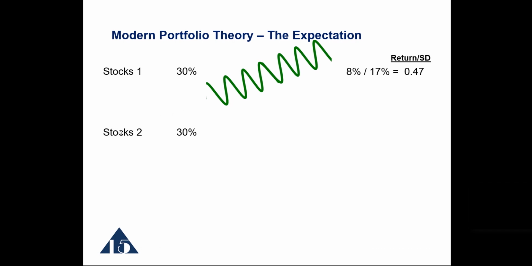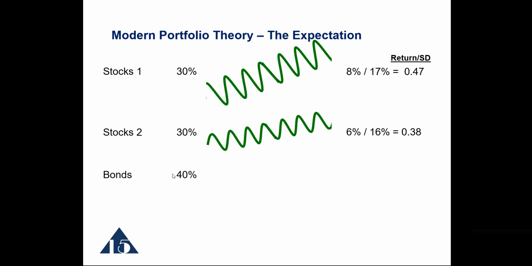Stocks 2 might be more conservative stocks, and the overall appreciation over a long period of time might be lower than stocks 1, but the variability is typically lower as well. So a rate of return might be 6% annualized. The variability might be a 16 percentage point annualized standard deviation of returns. The ratio, the key measure, is 0.38. Stocks 2 has a lower payoff for the variability that you must endure compared to stocks 1.